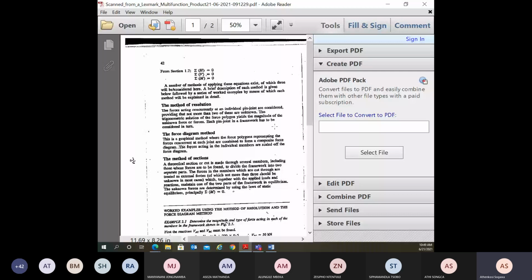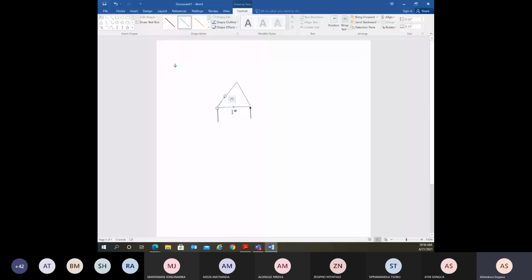And the third method is the method of sections, where you cut through your truss. But for the purpose of our class, I will only focus on the method of resolution.